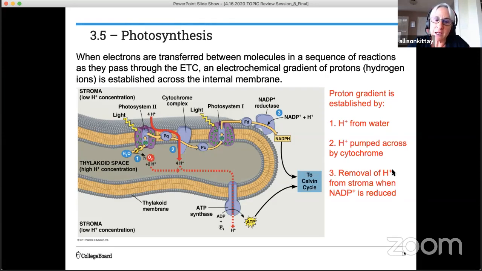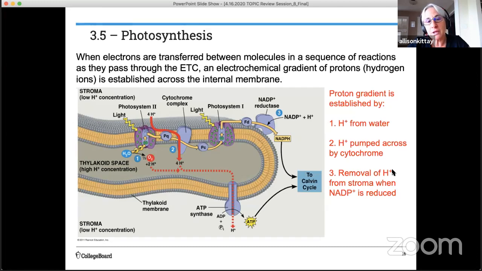The electrons that come from the water molecule are going to be used to replace the ones that are lost when the chlorophyll A loses its electrons, which are ultimately passed down the electron transport chain. The oxygen diffuses out and is a byproduct of the process. The protons are actually going to be stored in the thylakoid space.